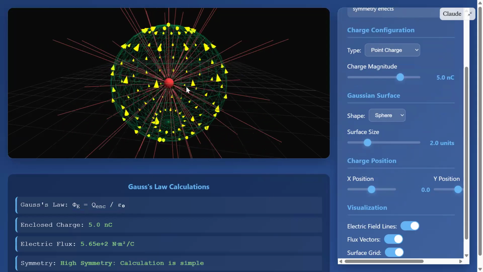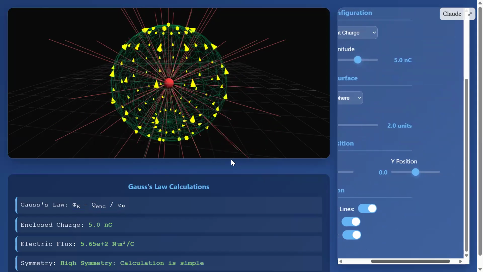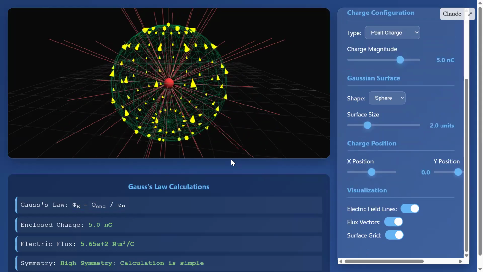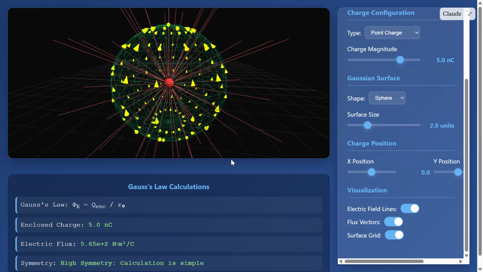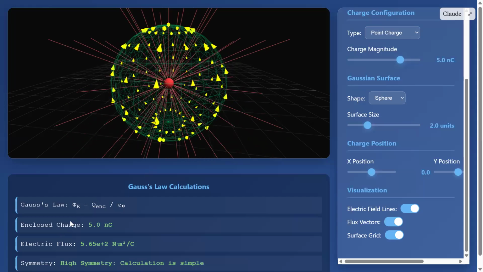So here you can see electric lines passing away from the charge, and that charge is at the center, 0, 0, and we choose the sphere.